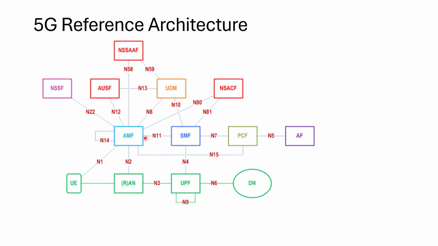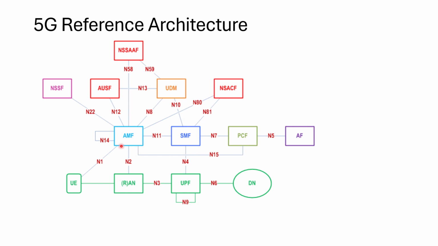Also, we have the N14 interface. This is the AMF to AMF interface, and it is generally used during handovers when a UE moves from the tracking area of one AMF to another AMF.